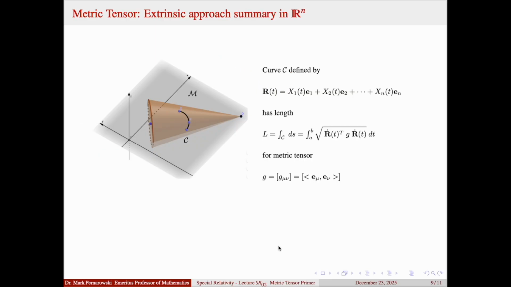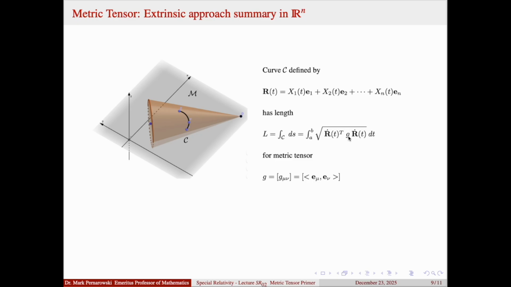In summary, for the extrinsic approach, which is what you'll need for Minkowski dynamics and special relativity, we describe curves in space-time as these 4-dimensional vectors parameterized in some parameter t, and the lengths can be found using the metric tensor.